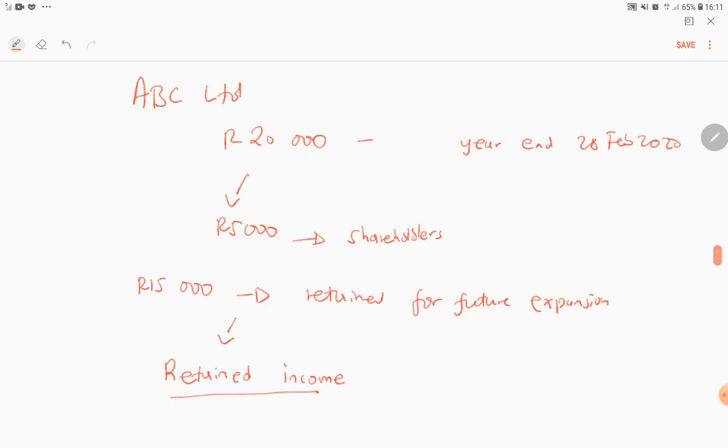Hence I said to you at the beginning of the video that the liability of the shareholders is only limited to what they have invested in the company, right? Because they invest with the purpose.